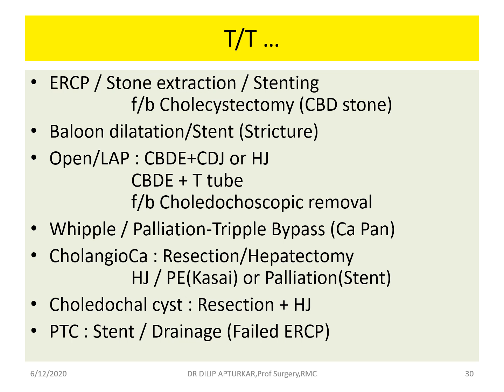Then in case of stricture, we can go for balloon dilatation and stenting. Open or laparoscopic surgery can be done to relieve the obstruction. We can explore the CBD, and take out the stone with the Desjardins forceps.